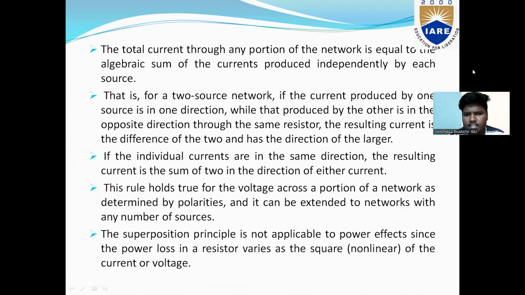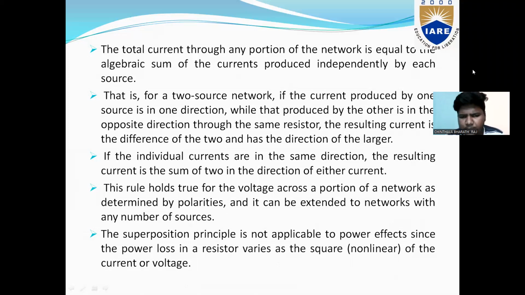If the individual currents are in the same direction, the resulting current is the sum of the two, in the direction of either current. This rule holds true for the voltage across a portion of a network as determined by polarities, and it can be extended to networks with any number of sources.